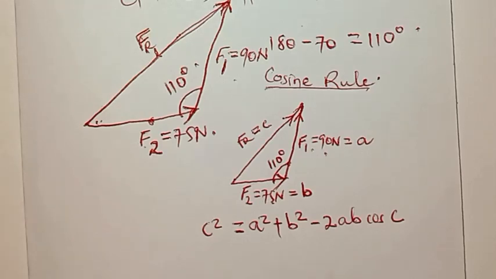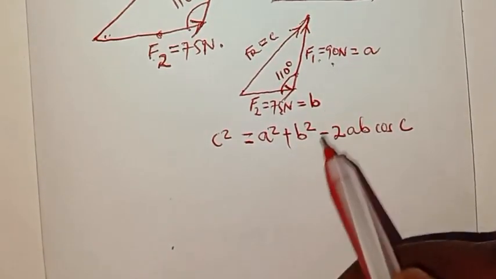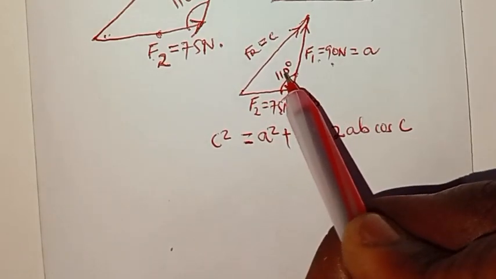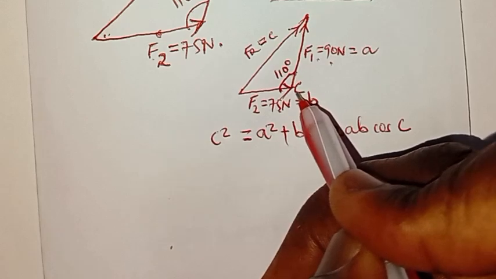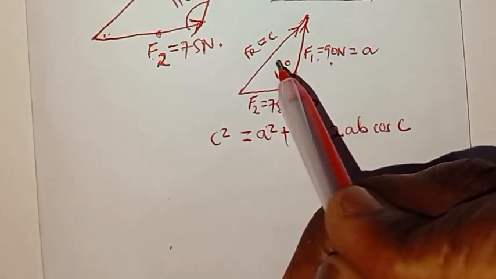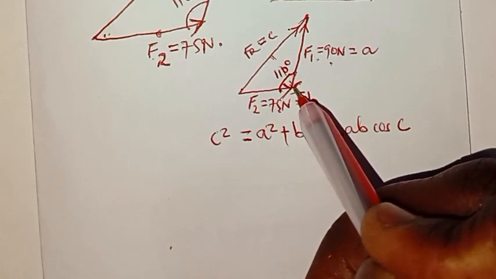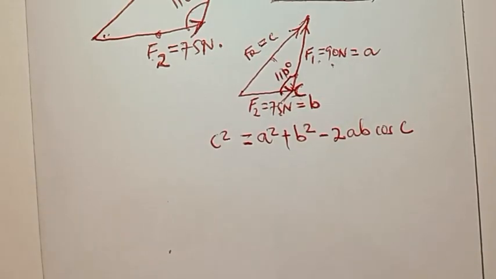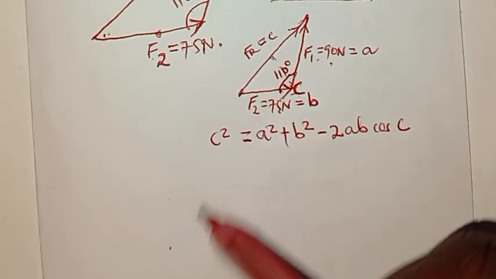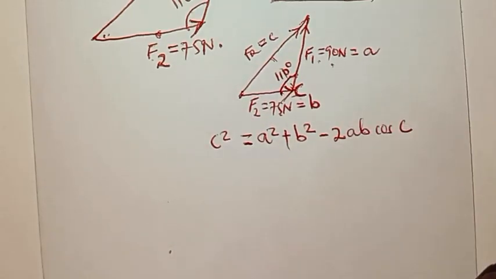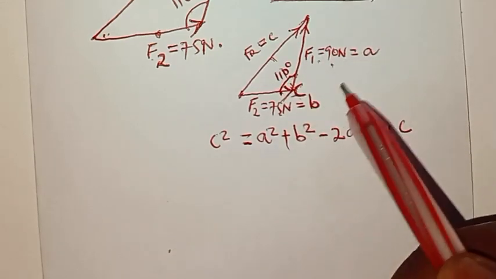This is our capital C, because it is opposite to the side C. Remember, it looks like mathematics. It is a mathematical formula, of course, but we apply it in such cases.